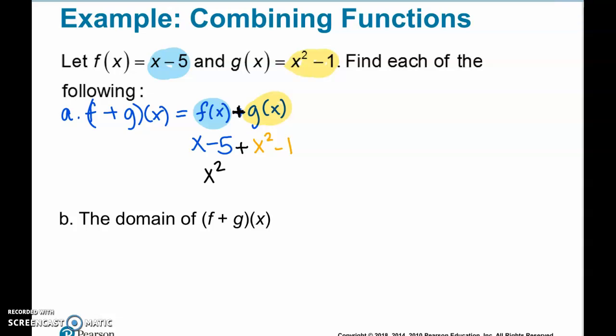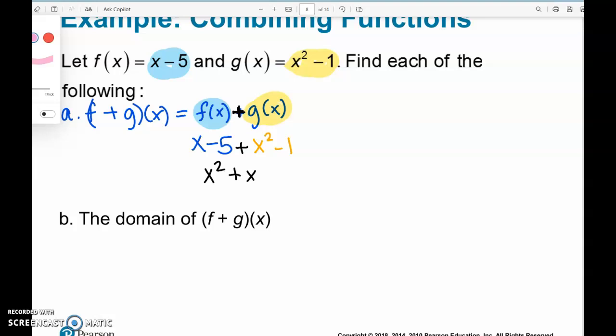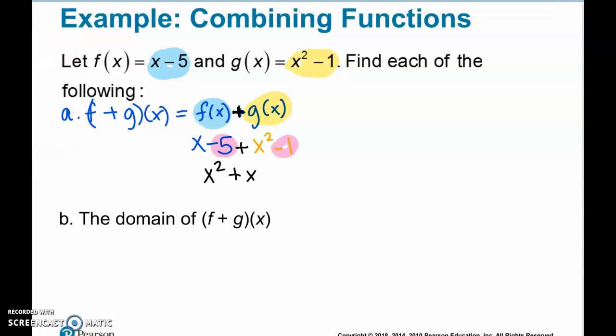There's nothing to combine. There are no like terms with the x. This is x squared and this is x, so they don't combine any further. But the two numbers will combine. So I can combine the -5 and the -1, and I'll combine those two to get -6. So when I add the two functions together, I get this.